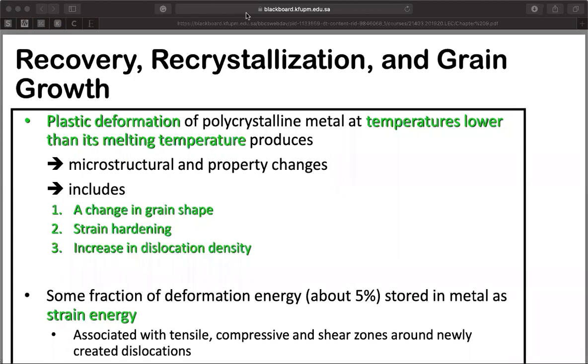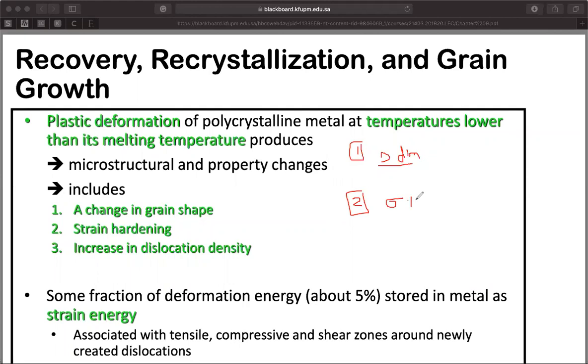Let's say this is the first case. All you want to do is change the dimension. You have some delta in the dimension. But in the second case, all you want to do is increase the strength of the material.